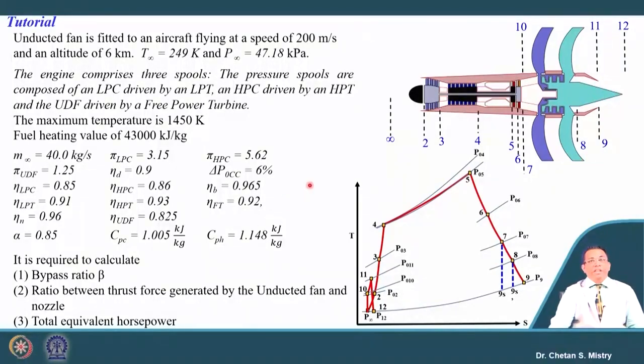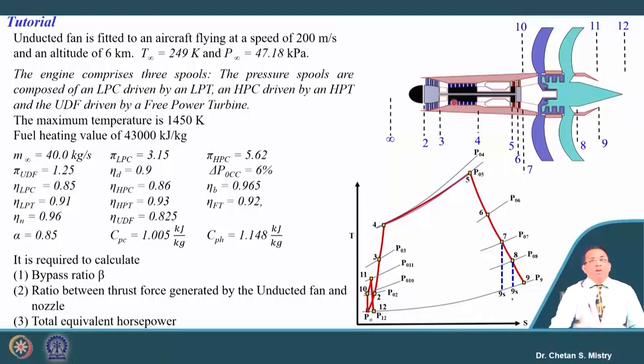So, as best practice, as we have discussed for almost all cycles, the very first thing we need to do is draw a line diagram representative of the given configuration. Here, the LP compressor is driven by the LP turbine and the HP compressor is driven by the HP turbine.